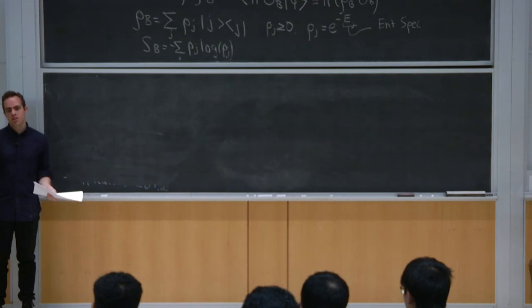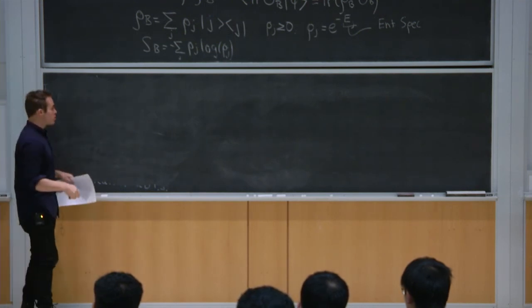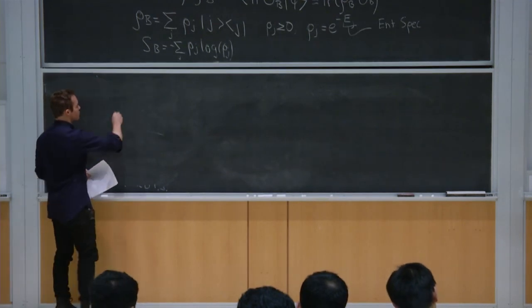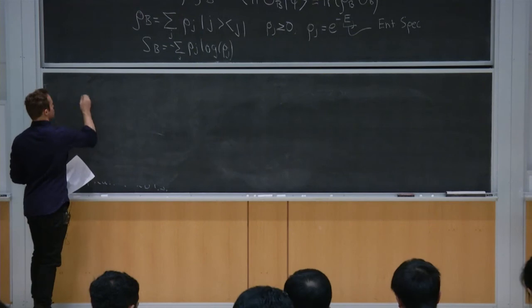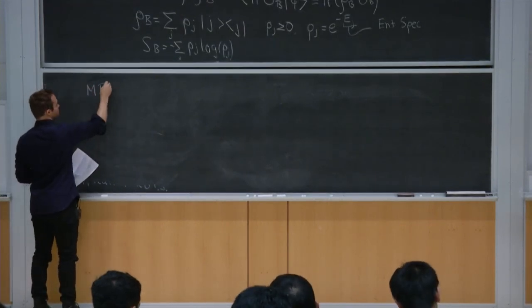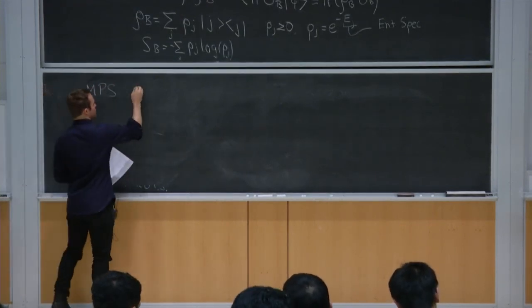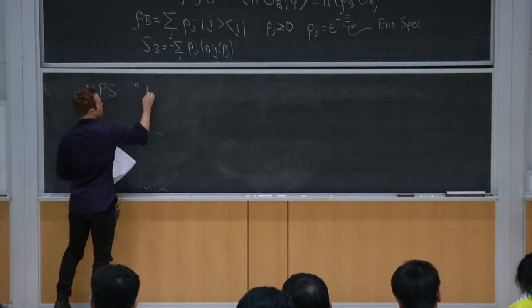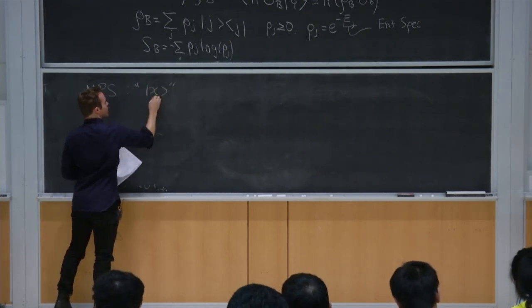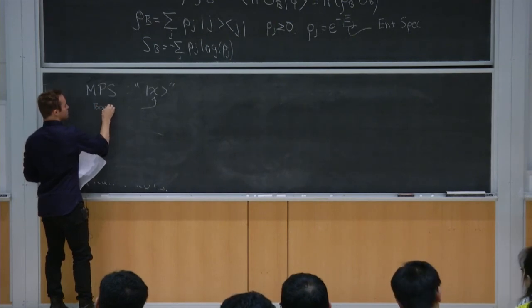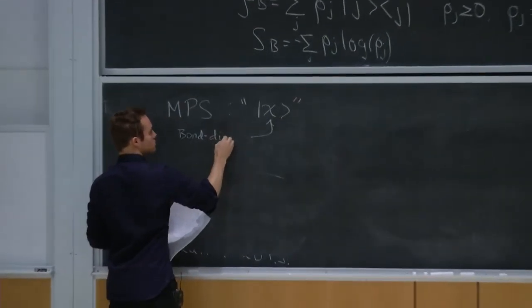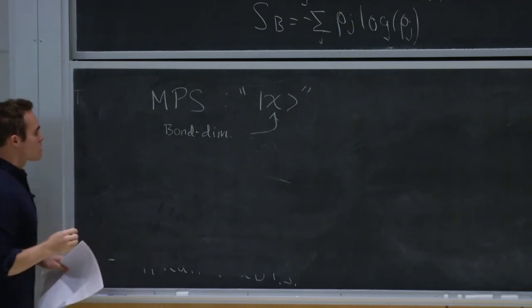And once you know what the variational class is, the algorithm just works by minimizing energy within that variational class. So the variational class are the so-called matrix product states. And I'll write a particular matrix product state as chi, where this is an integer, which is the so-called bond dimension of the matrix product state.